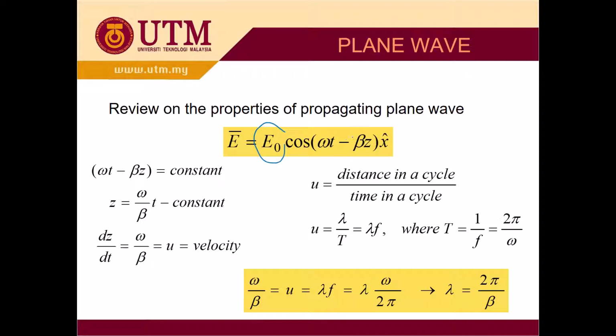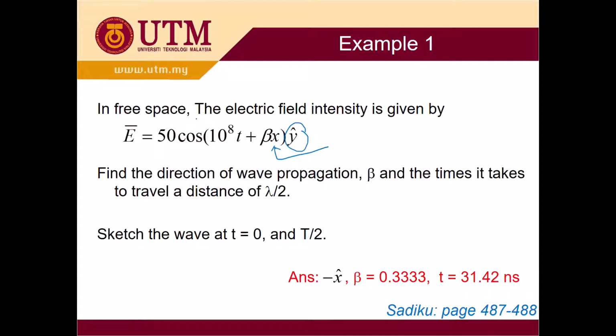Here is minus, and this is your propagation direction. When we compare with this, we have basically the plus here. So the direction of the propagation should be in minus x. Okay, this is the answer.